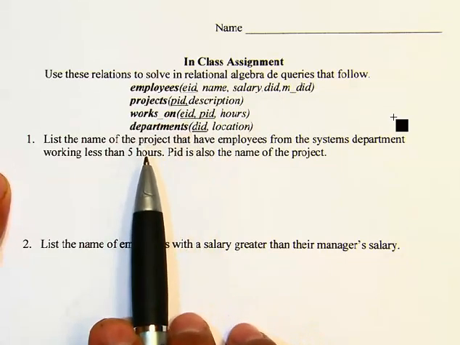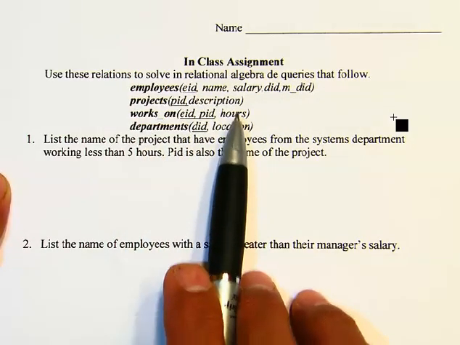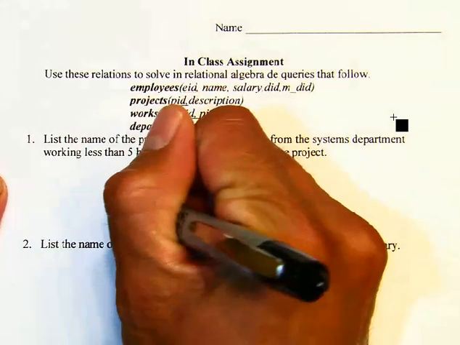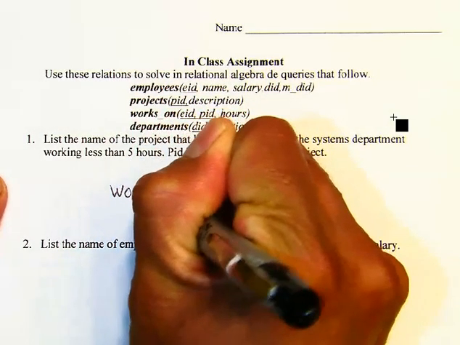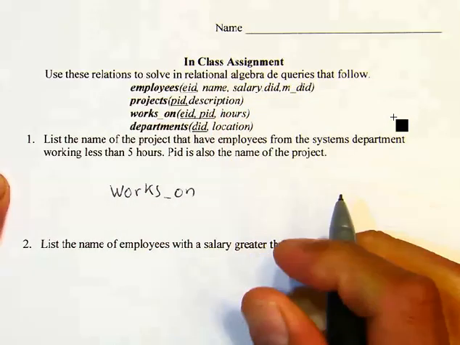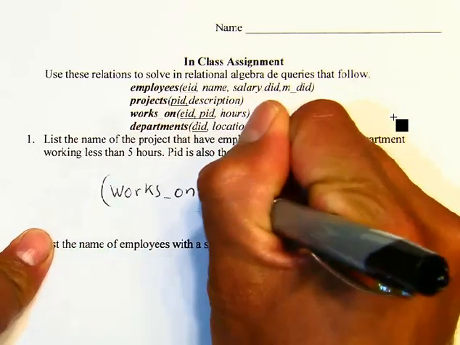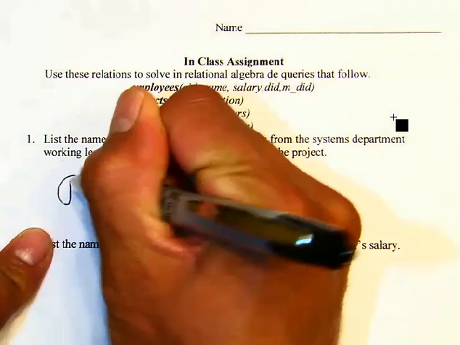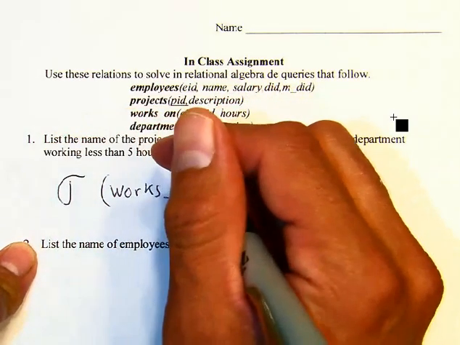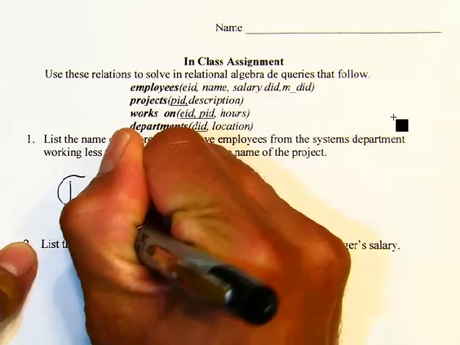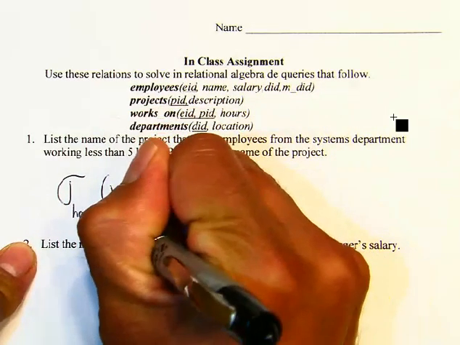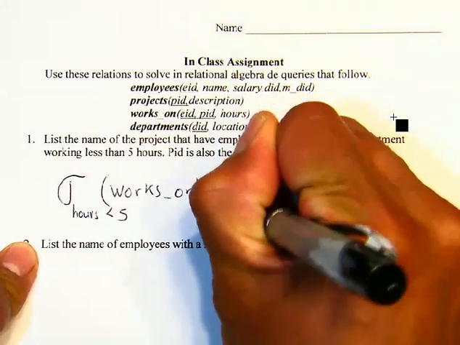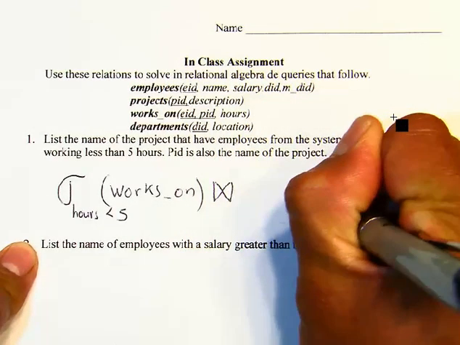Working less than 5 hours, so hours is still here. So we need two tables, employees and works on. So then works on, we need it, and we would select those with hours less than 5, and then we will join these with employees.